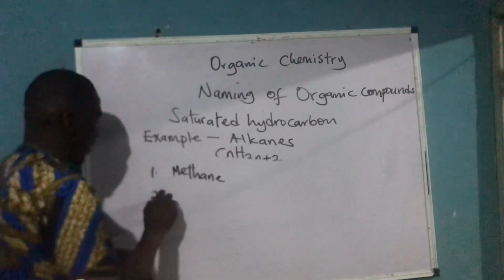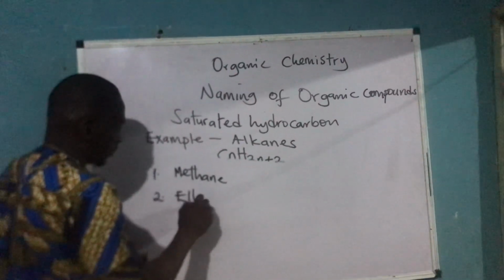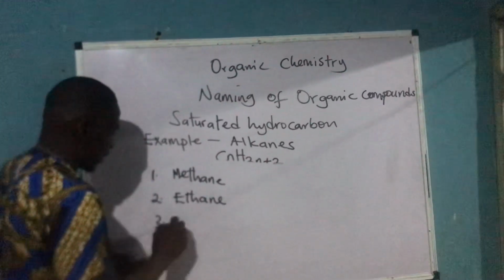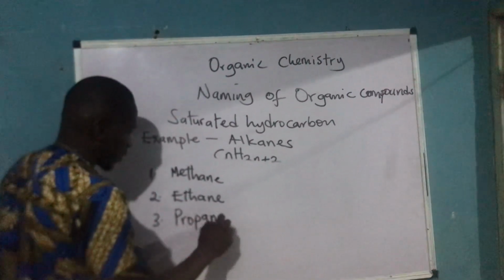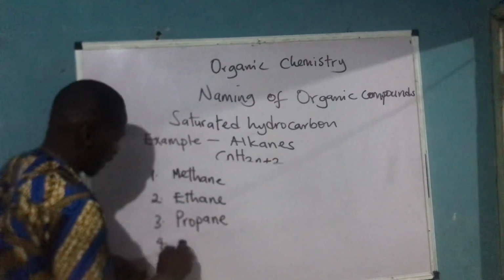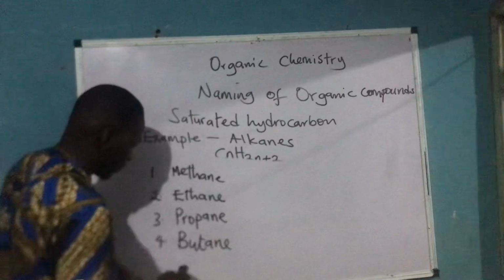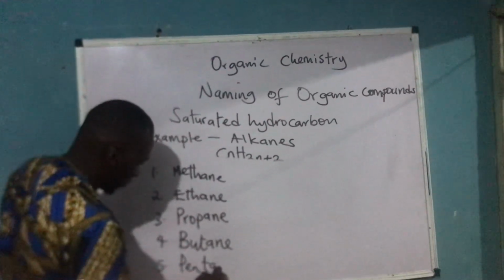The second member is ethane. The third member is propane, followed by butane, followed by pentane.